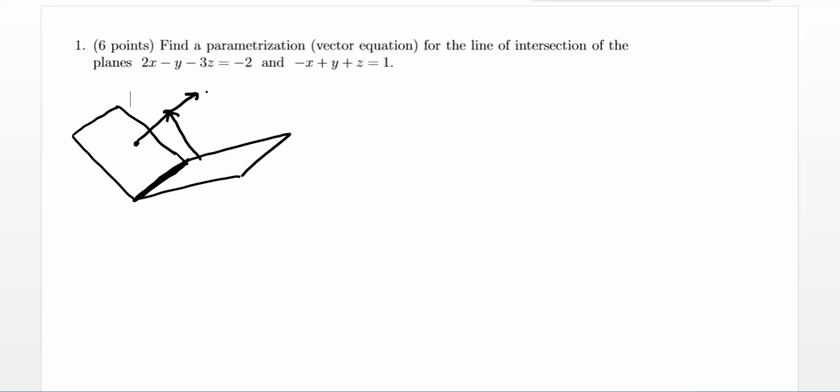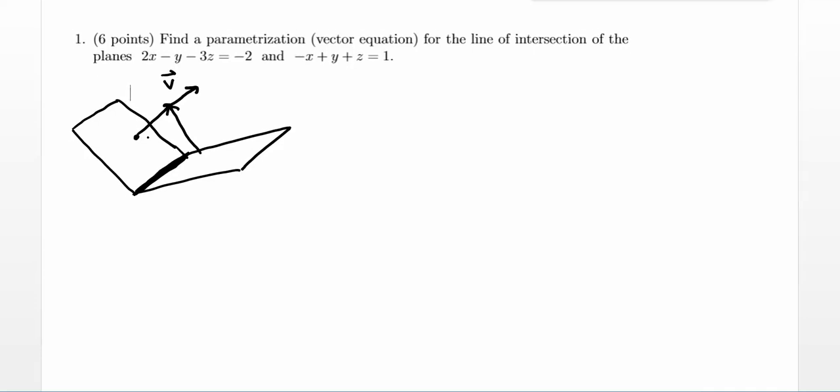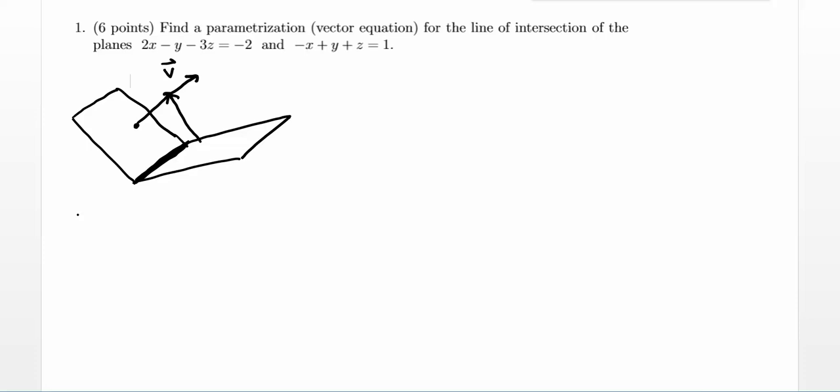Let's go ahead and find this vector here, call it V. And that's just going to come from taking the cross product of the two normal vectors. We'll write out the cross product formula. I, j, and k in a matrix. We're going to take the determinant of that matrix. So the way you find the normals, it doesn't matter what order you do, but it's just the coefficients.